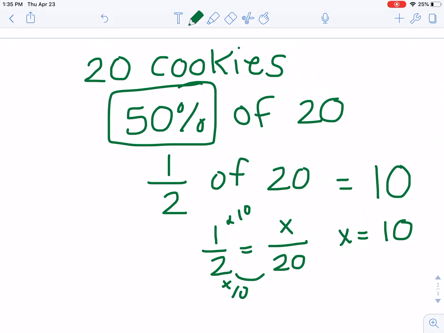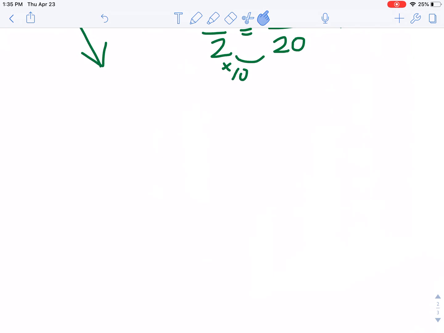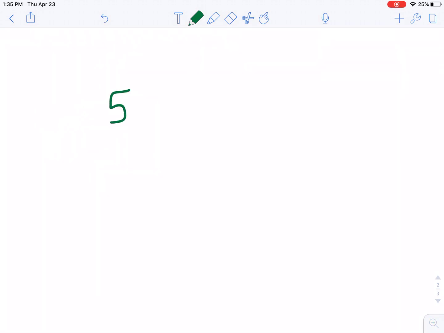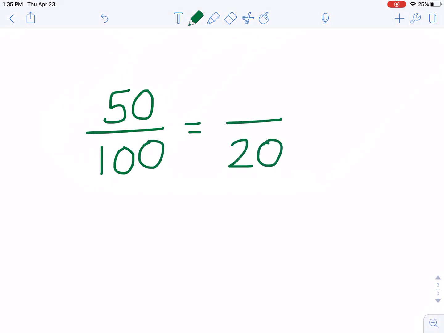And you could have also done it, by the way. I'm going to take you down and show you something. If you had not been thinking about it and you were like, oh, I just didn't even think about it. 50% is written like this, right? So if I said 50% of 20, it still is over of, so I know where my 20 goes. And now I'd kind of be going backwards because I'd be doing my division. So I could do how many times does 20 go into 100, right?